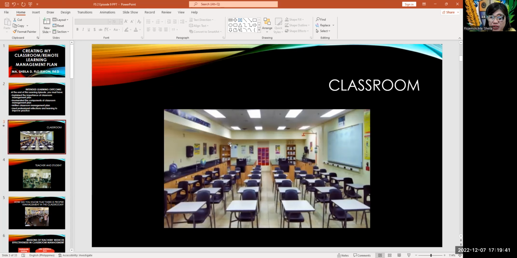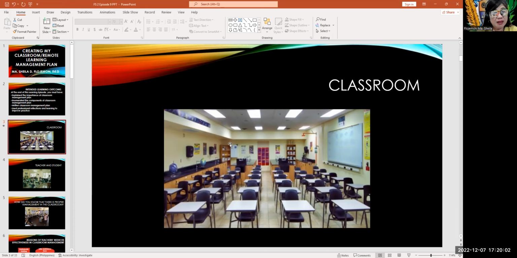Looking into the picture, okay, this is the picture. What can you see in the picture? Yes, you can see a classroom in the picture. It is where the teaching and learning takes place.